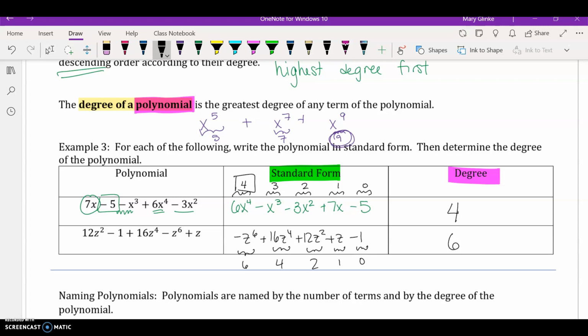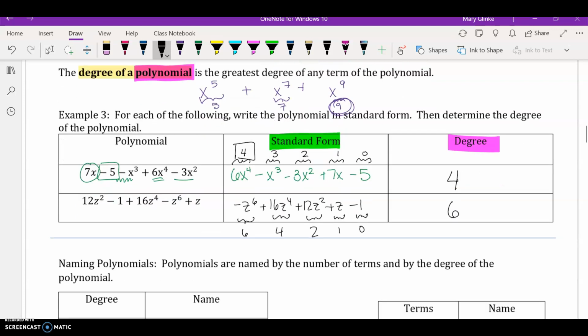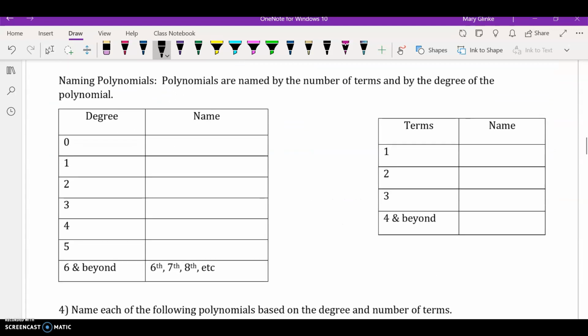So now that we can write things in standard form and identify the degree, we can start talking about polynomials a little bit differently. We can name polynomials by the highest degree or based off of how many terms they have. I'm going to start off with the number of terms because we've already been using those terms before. If it had one term, we called it a monomial.